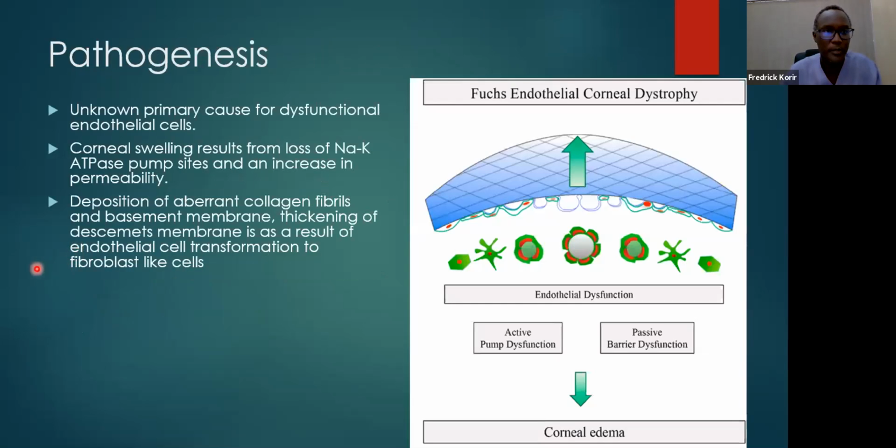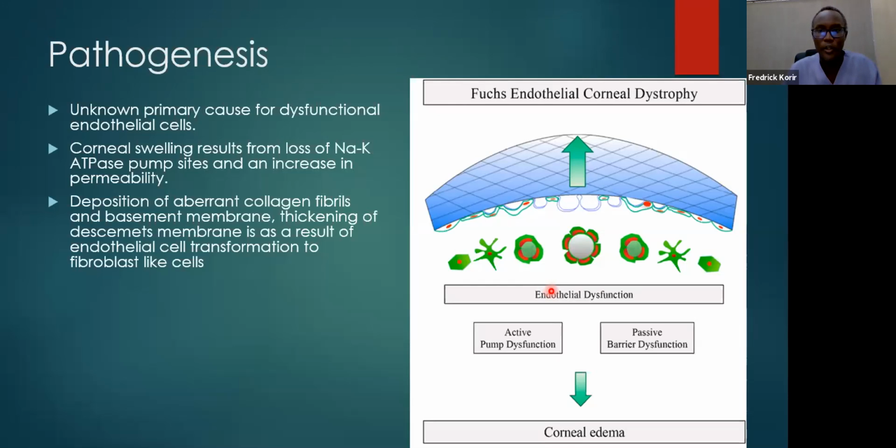So what is the pathogenesis? What exactly happens for somebody to get Fuchs endothelial dystrophy? The primary cause of the disease is endothelial dysfunction. The endothelium, which normally dehydrates your cornea and keeps it clear, doesn't work. What makes it not work? We don't know. There are many theories, including oxidative stress, in prone patients.